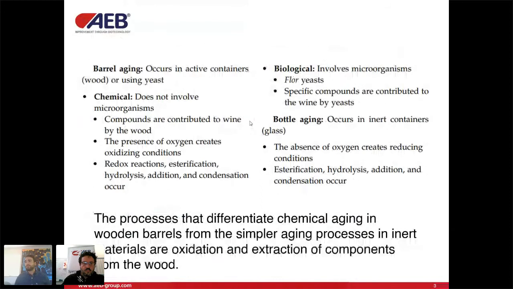There are differences between aging wine in barrels and aging wine in a bottle, because in a barrel some oxygen is transferred, and the wood can impart some components to the wine, while the bottle is more of an inert container.